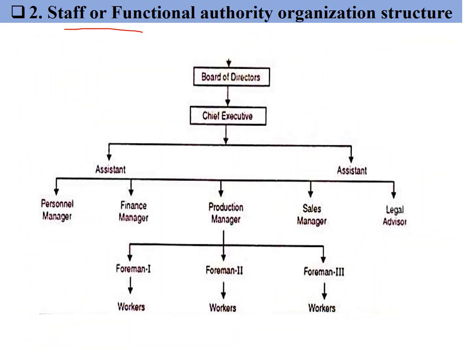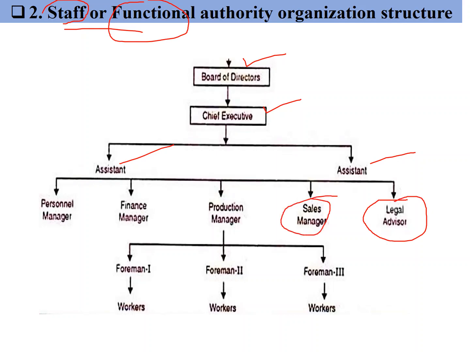Next is the staff or functional authority organizational structure. Here is the board of directors, after this the chief executive with two assistants. In the name itself, staff or functional, there will be the function of the legal advisor, the function of the sales manager.